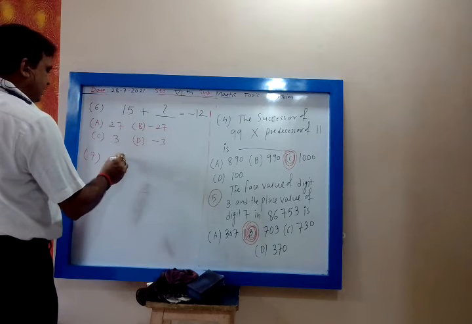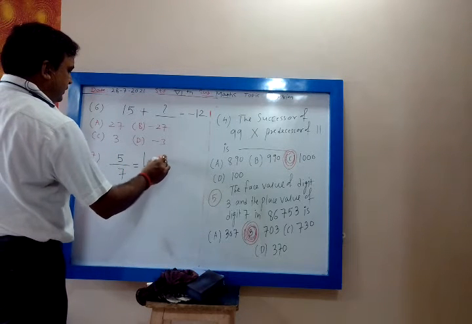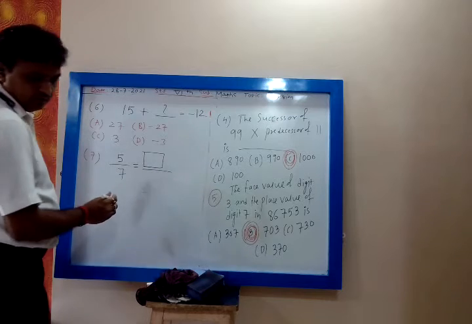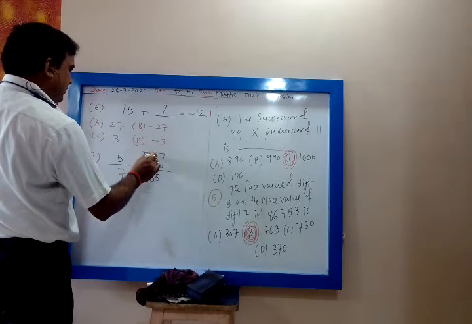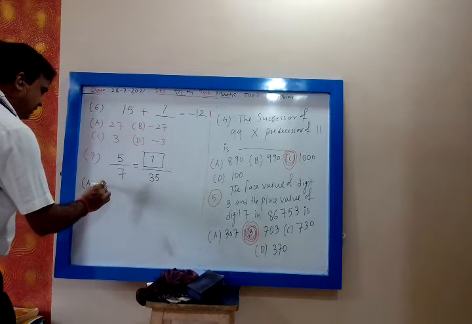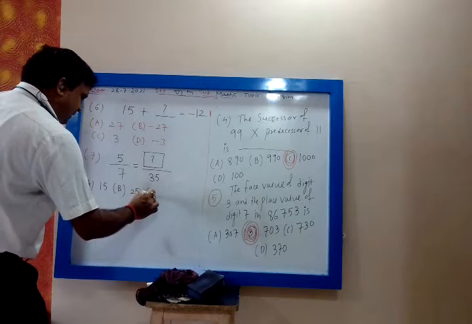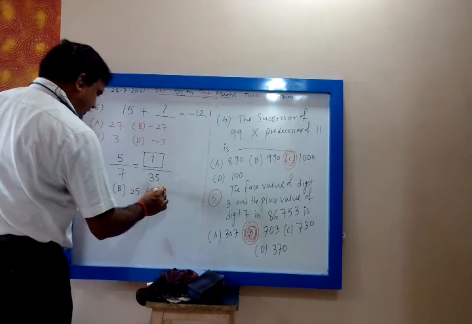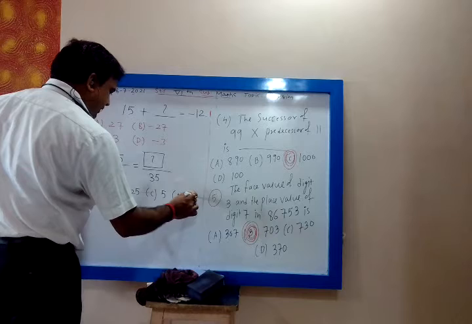Now 5 upon 7 is equal to box upon 35. So you have to fill the box. A 15, B 25, C 5 and D 45.